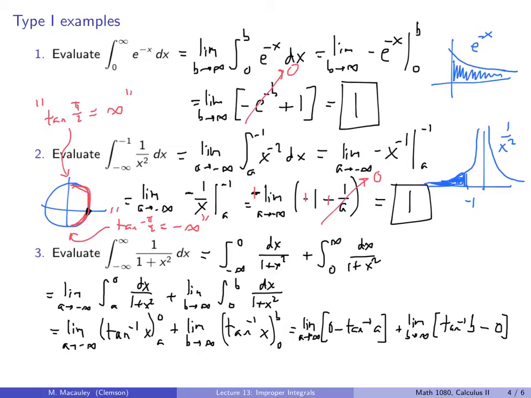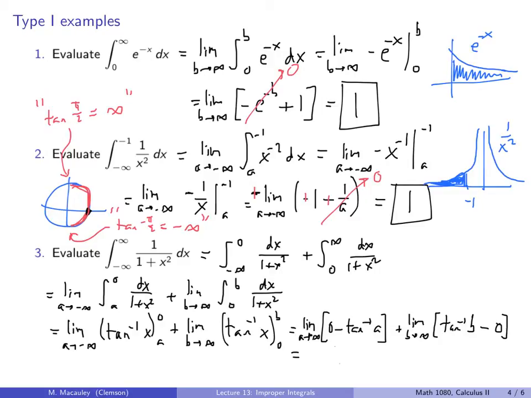So let's go back here, and this is negative pi over 2. Yes, negative. Let's write this out.